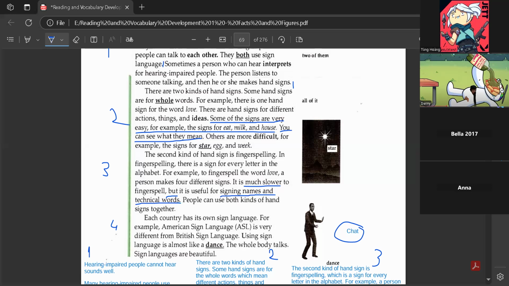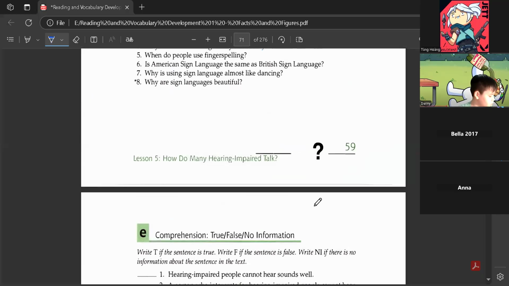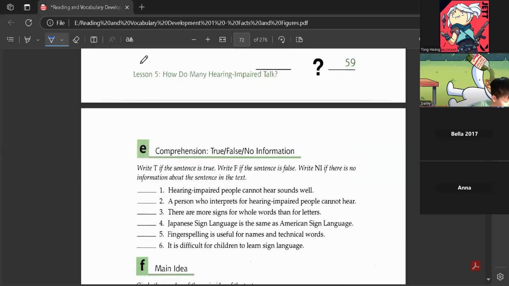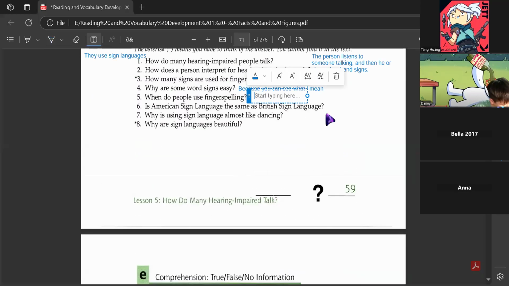You got it? Signing names and technical words.